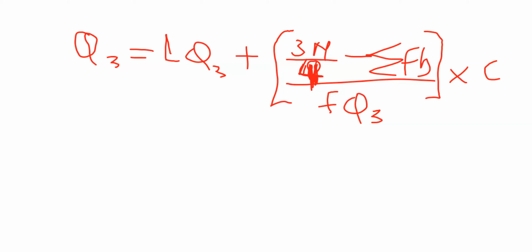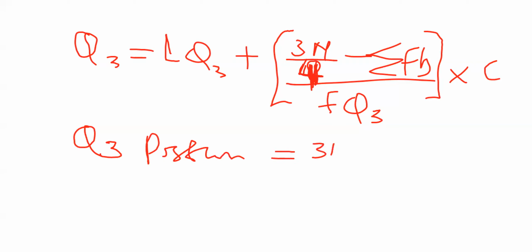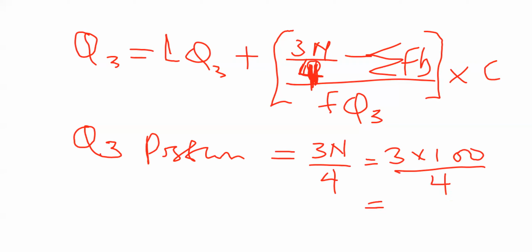Everything is settled. So all we're looking at now is to find that group. One of the ways to find the group is to look for the Q3 position. The position is 3n over 4, which will be 3 times 100 over 4. The position of Q3 is the 75th position.